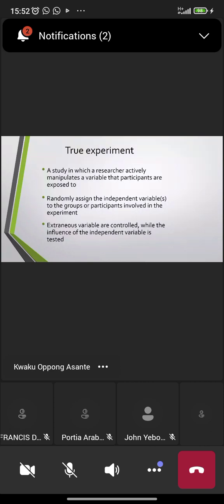The person should make an active effort at manipulating a variable. Okay, so if we talk about manipulation of variable, we mean that we should be able to vary some variable, change its forms.